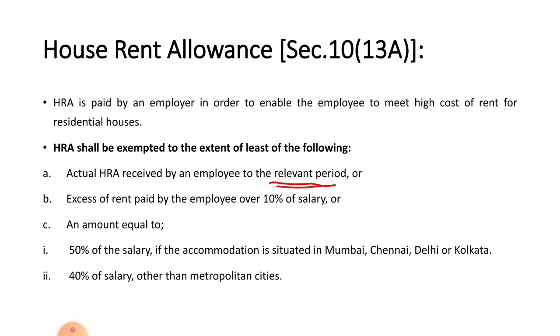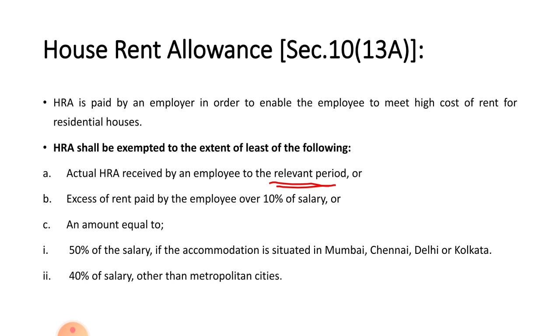If he is not living in these metropolitan cities, that is if he is living other than these four cities, Mumbai, Chennai, Delhi or Kolkata, 40% of salary is to be considered for the calculation of exemption. That is the least of the following you have to consider. If the actual HRA is the least, you have to consider that one.